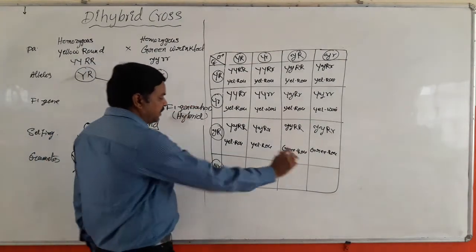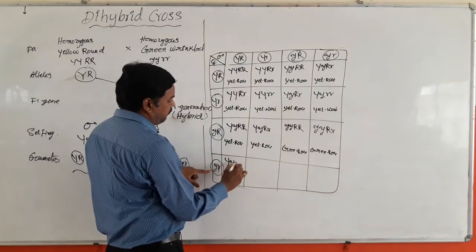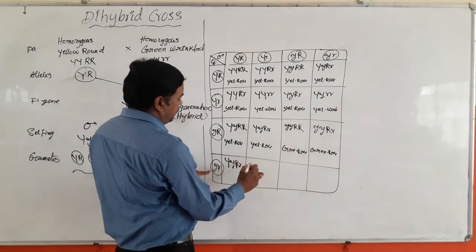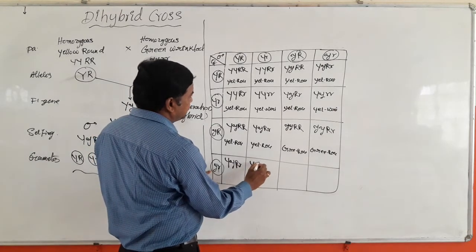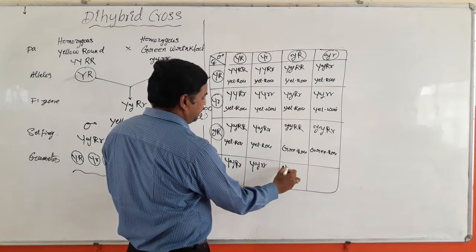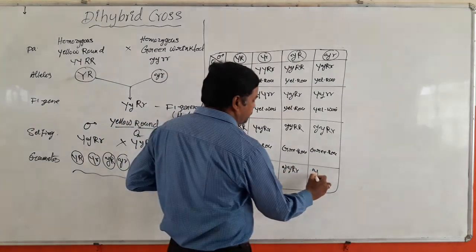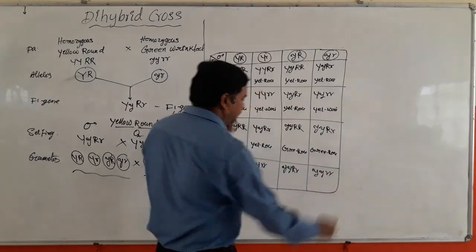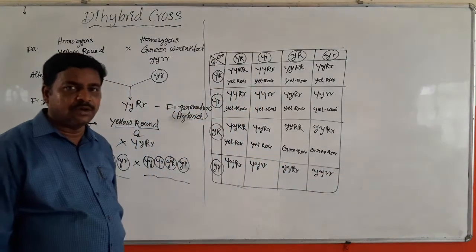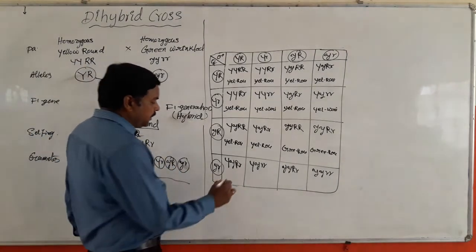Now coming to another one. This is the combination capital Y, small y, capital R, small r. And capital Y, small y, small r, small r. And small y, small y, capital R, small r. And small y, small y, small r, small r. What about the phenotypes of these four plants?